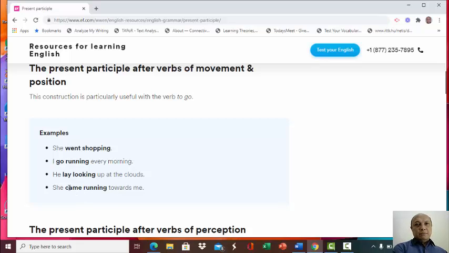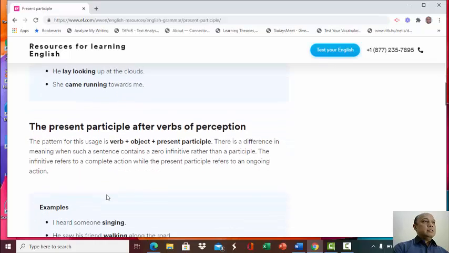Again, you have came, past form of the verb come, yeah. And somehow it is related to the verb go as well, right? You can sense a sense of going from that point to this point. So we have here came, running, run, present participle. Okay, so that's the second use.